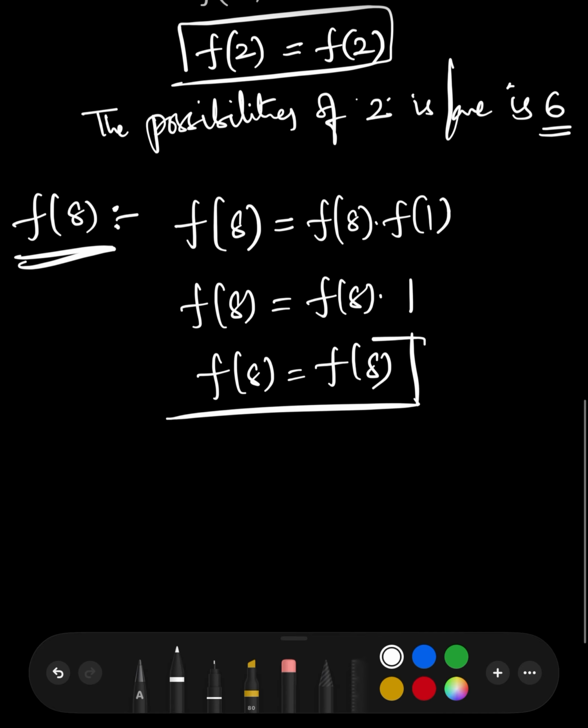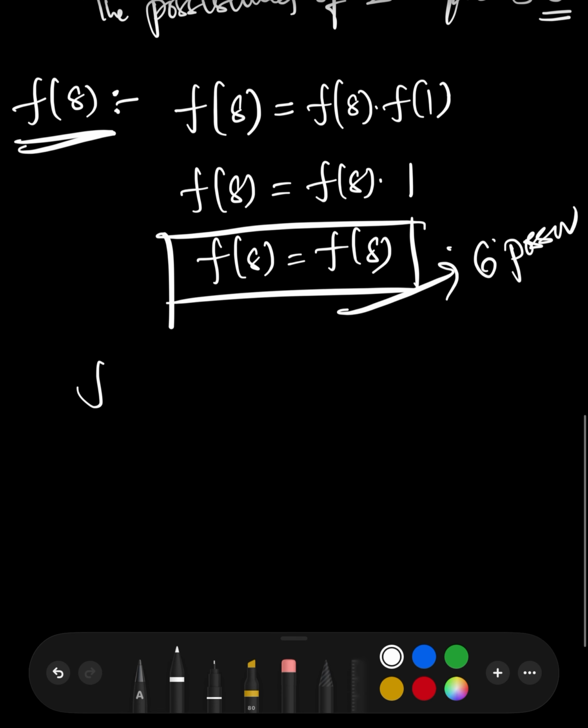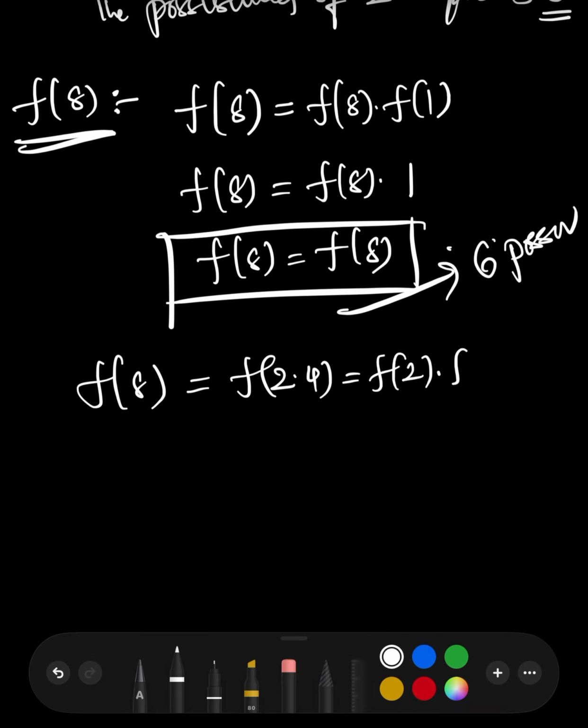By seeing this clearly, I can say that there will be 6 possibilities. But f of 8 can be written like this also. f of 8 is nothing but f of 2 into 4, so that is f of 2 into f of 4, right? This is the most important thing, just listen carefully. So f of 8, I can write it as f of 2 into 4, that is f of 2 into f of 4.